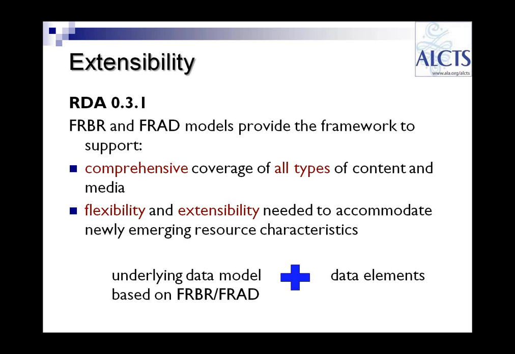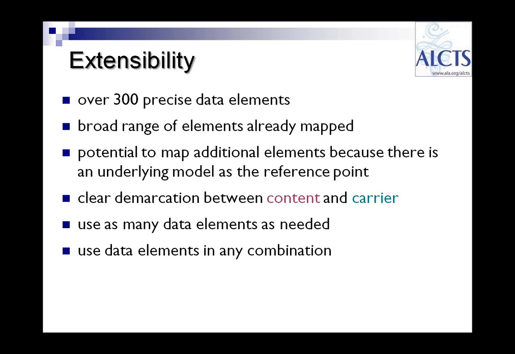Now, the same underlying data model and definition of data elements that supports the comprehensive coverage of all types of content and media also supports extensibility. Already there are 300 data elements that have been defined, so there's a broad range of elements that are already mapped.